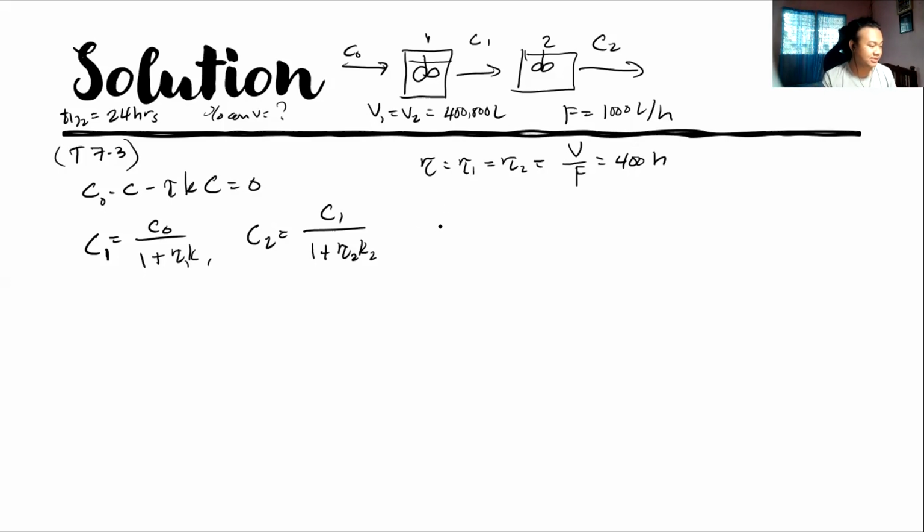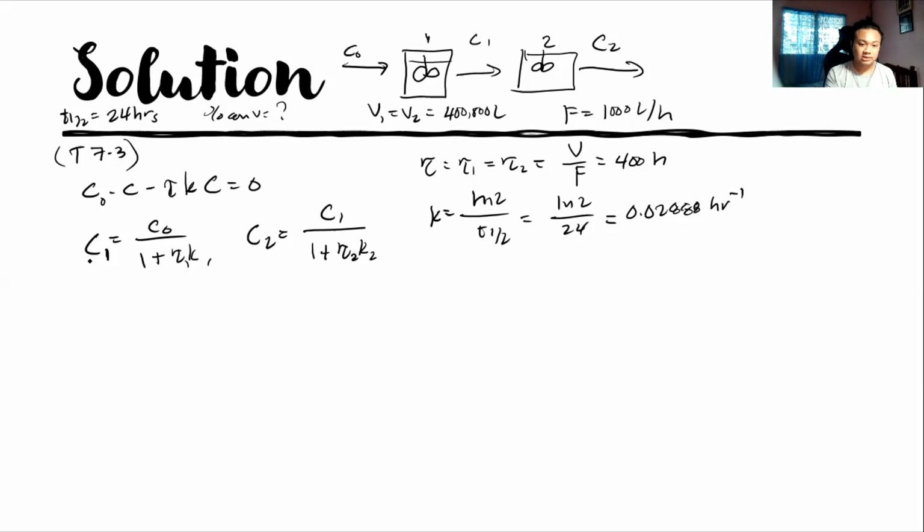And then we have your K. K is actually the same for both reactors because it's just the same chemical. So we have ln 2 over 24, which is the formula because this is first order. We have 0.0288 per hour.